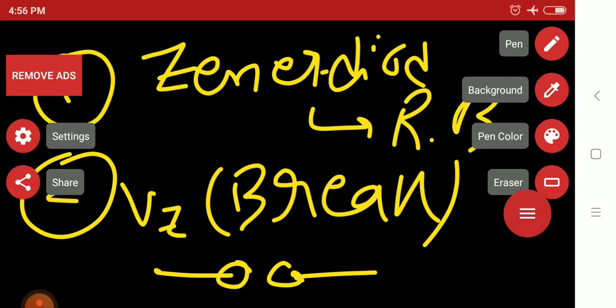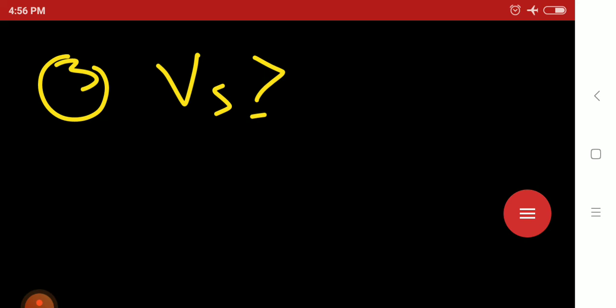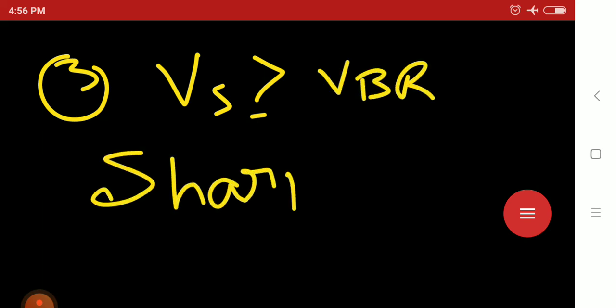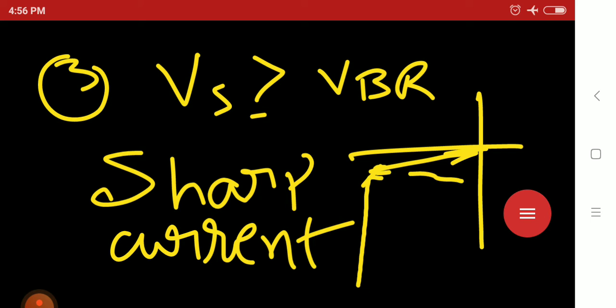After it crosses the breakdown voltage, that means the input voltage is greater than or equal to the breakdown voltage, we get a sharp current flow. That is the main operation of the Zener diode.